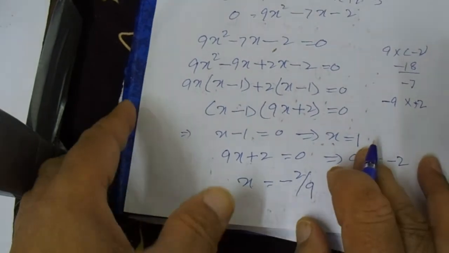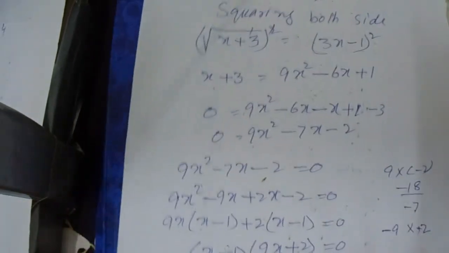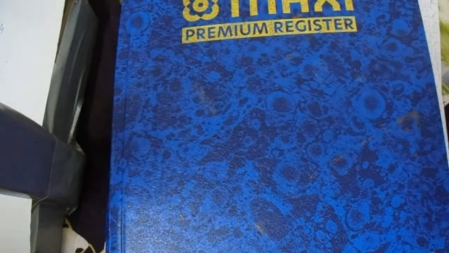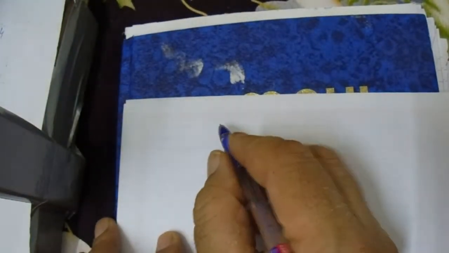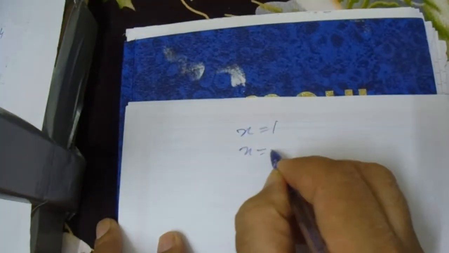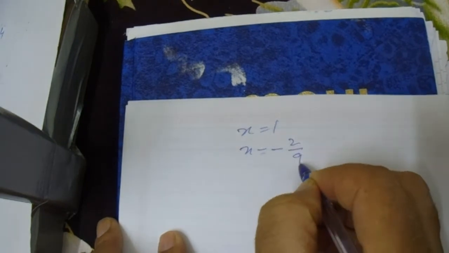Now we have two values, and now we put these values to check the equation which is true, or roots are true or not. Now we write again x is equal to 1 and x is equal to minus 2 over 9.